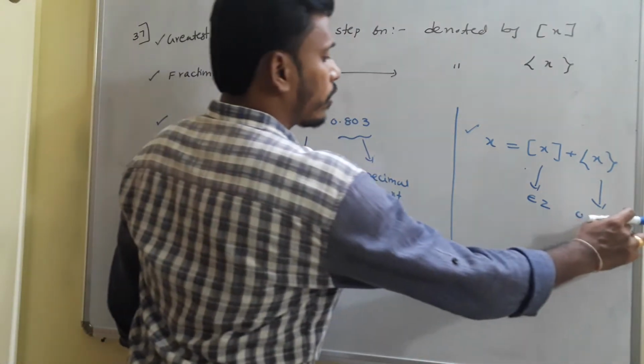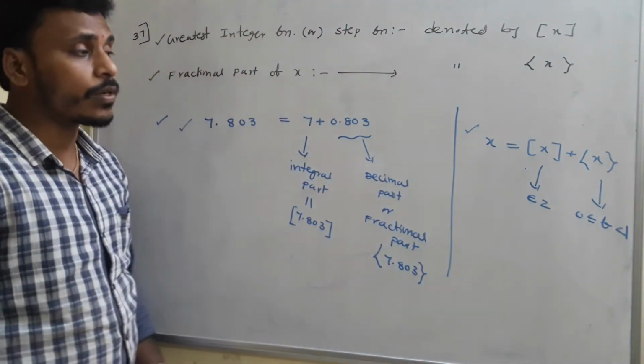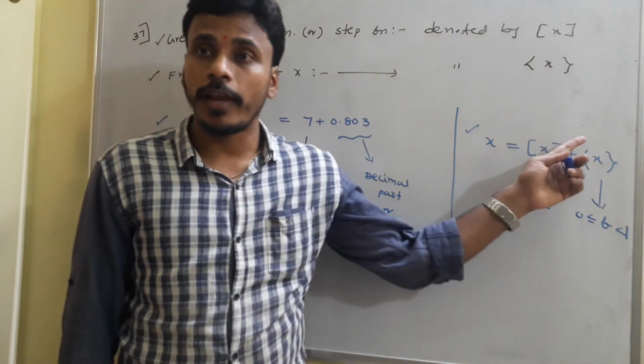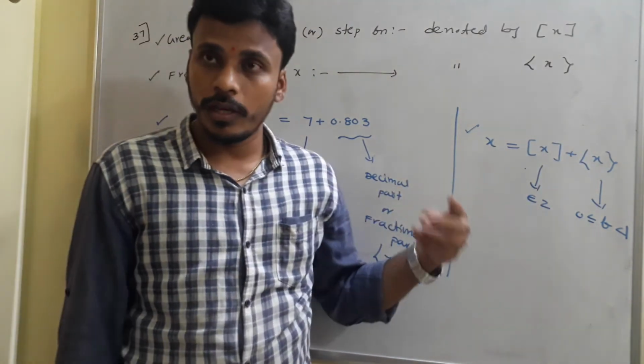You need to note that the fractional part value is always between 0 and 1. As we discussed, the range of the fractional part of x is between 0 and 1, whereas the range of [x] is all real values.